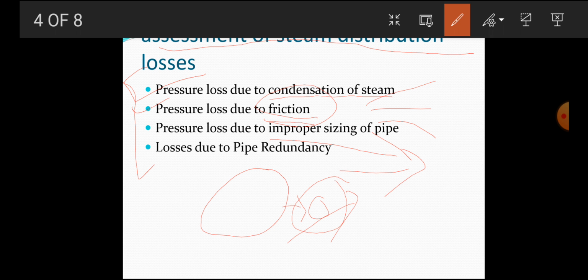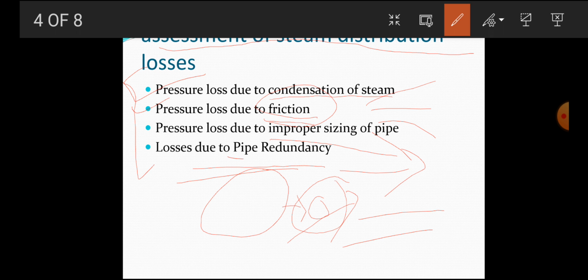Then the next loss is loss due to pipe redundancy. All redundant pipes, that is, pipes which are no longer needed, must be eliminated. If a pipe is not needed, then it must be eliminated, which could be at times up to 10 to 15% of the length, and this could reduce the steam distribution losses significantly.